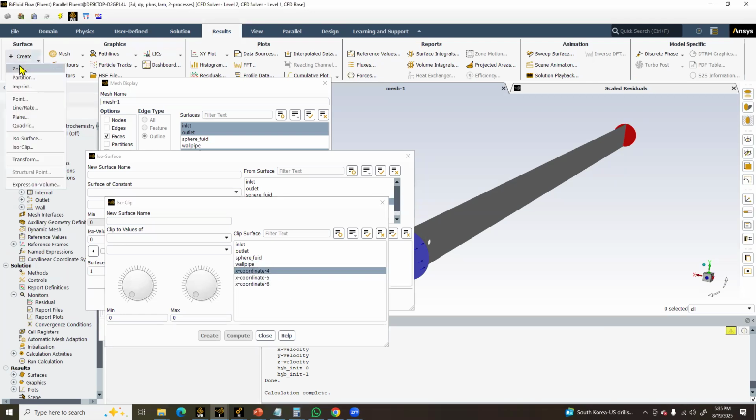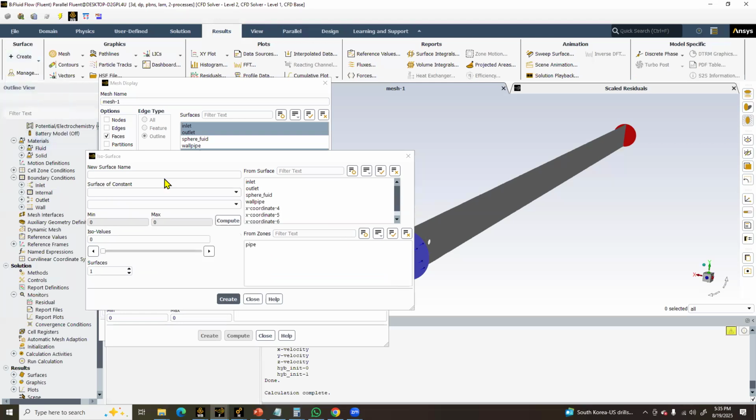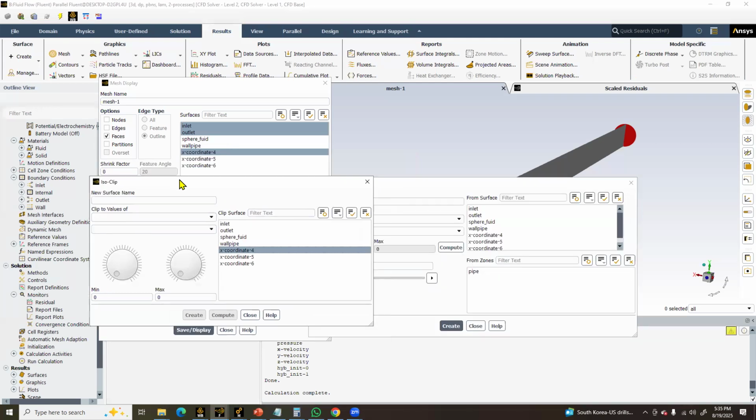I think I'm missing some point here. Let me check again. The zone is pipe, but okay.